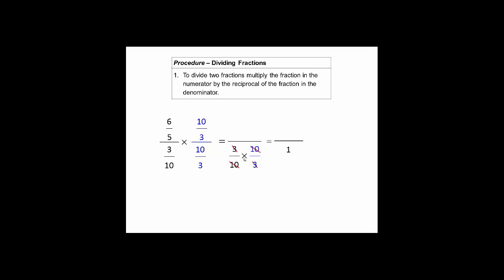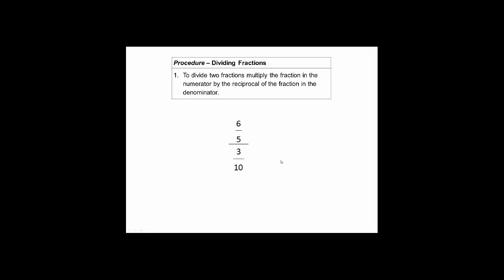Otherwise, I'm not multiplying my original fraction by 1. But then my numerator simply becomes 6/5 times 10/3. And when that's divided by 1, why not just write 6/5 times 10/3? And that's the reason that this idea works. It has to do with the denominator becoming 1.